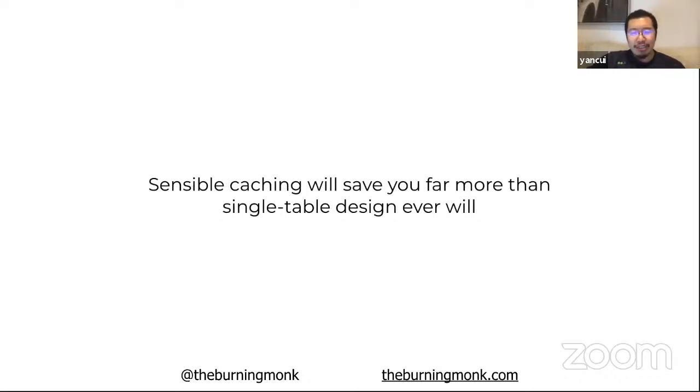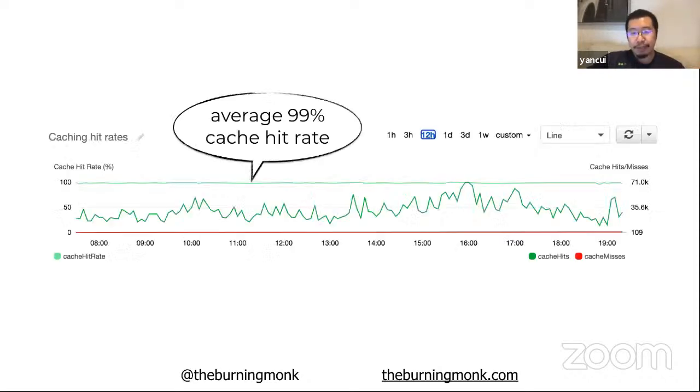A sensible caching strategy is going to save you far more than a single table design is ever going to save you, because you're going to cut out most of the requests to DynamoDB before they even happen. And also, maybe the cost saving you are potentially making against those DynamoDB operations, you're just going to waste more money on the staffing, because your code is harder to maintain, more difficult to understand, and probably more likely to get bugs.